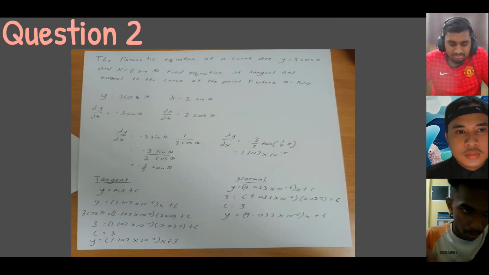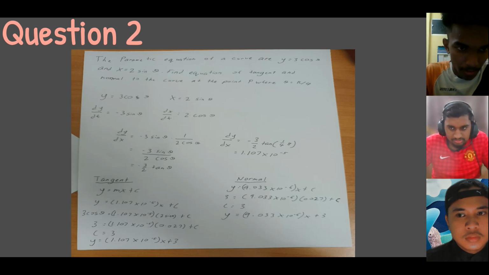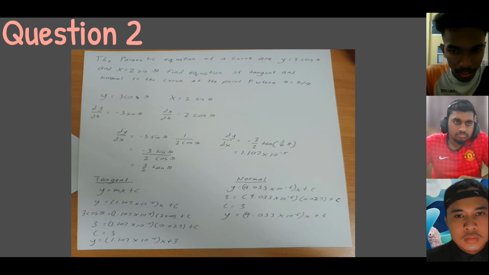Okay, so we move to question number 2. Question number 2 says that the parametric equations of a curve are y equals 3 cos theta and x equals 2 sin theta. Find the equation of the tangent and normal to the curve at the point P where theta is pi over 4. So we have y equals 3 cos theta and x equals 2 sin theta.